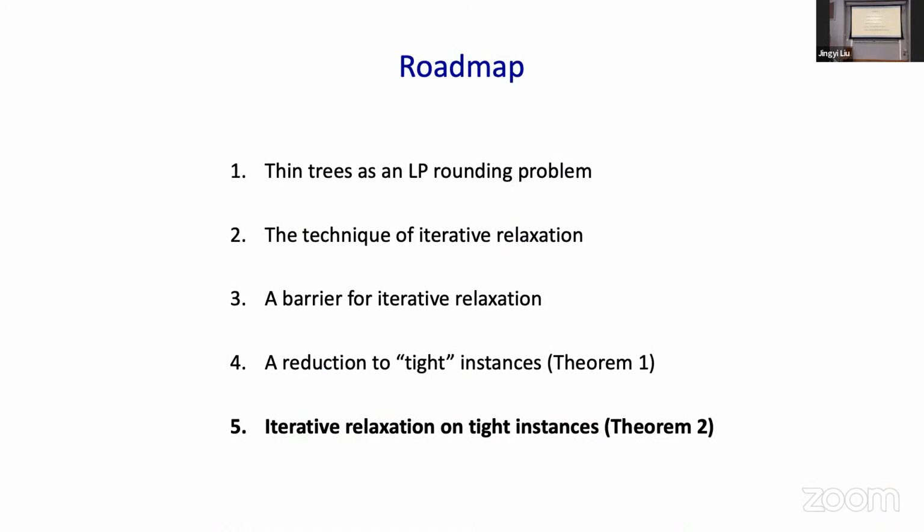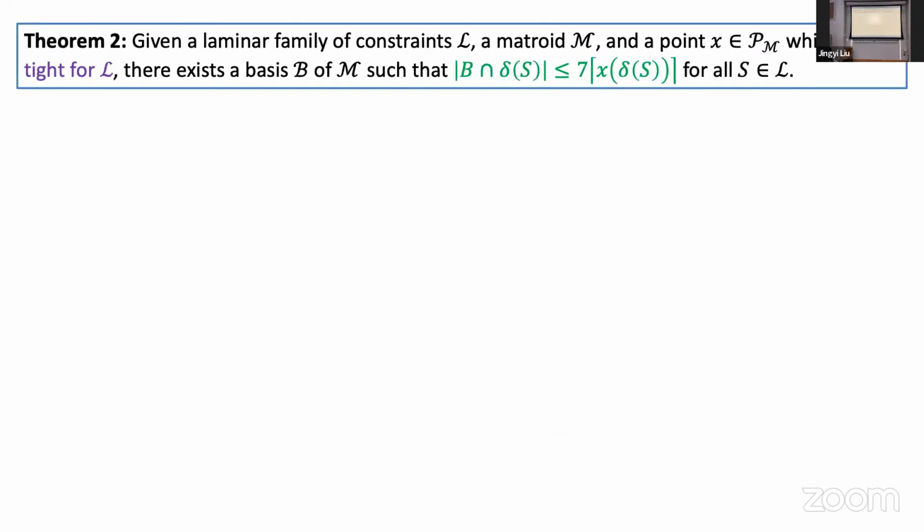Now I'll just quickly say how we do iterative relaxation on these tight instances. Let's go back to this framework. We're going to go back to the same idea as for the degree bounded spanning tree problem. And we'll let these bounds be equal to the ceiling of x of delta of S for every set in the laminar family.